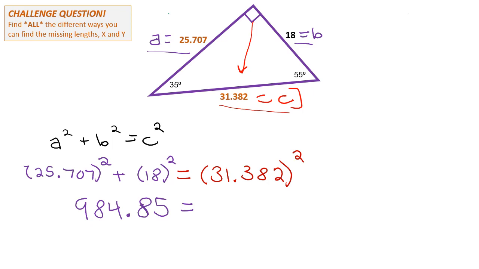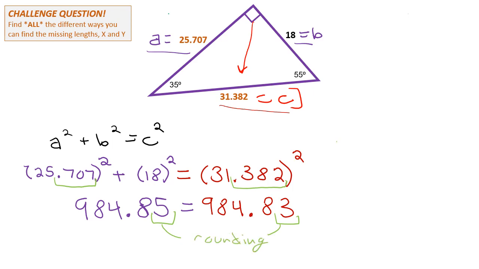Well, that is going to give us 984.83. So it's not exact, right? It's off by just a little bit, but that's because we were rounding here and here. So if you had plugged that in exactly, it would have been exact, but it's just a little bit off because of rounding. But we can still see that the Pythagorean theorem works on this final triangle.